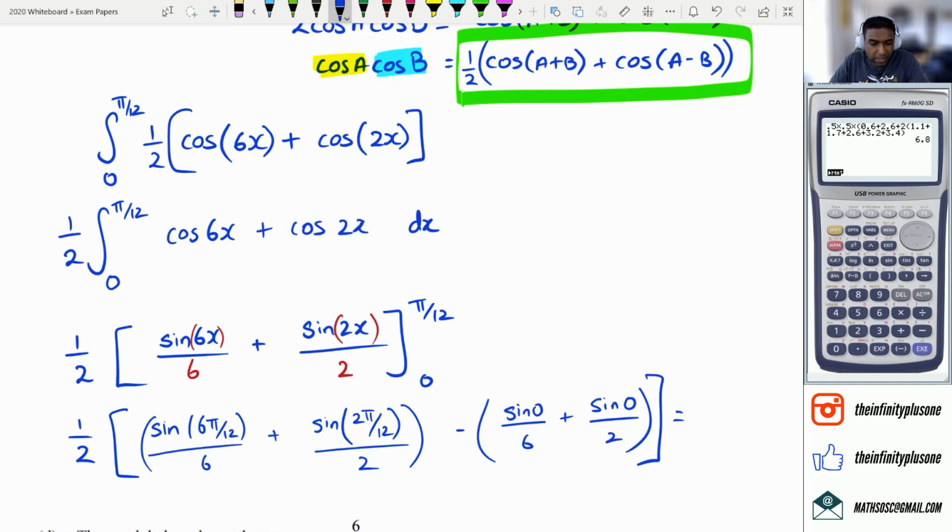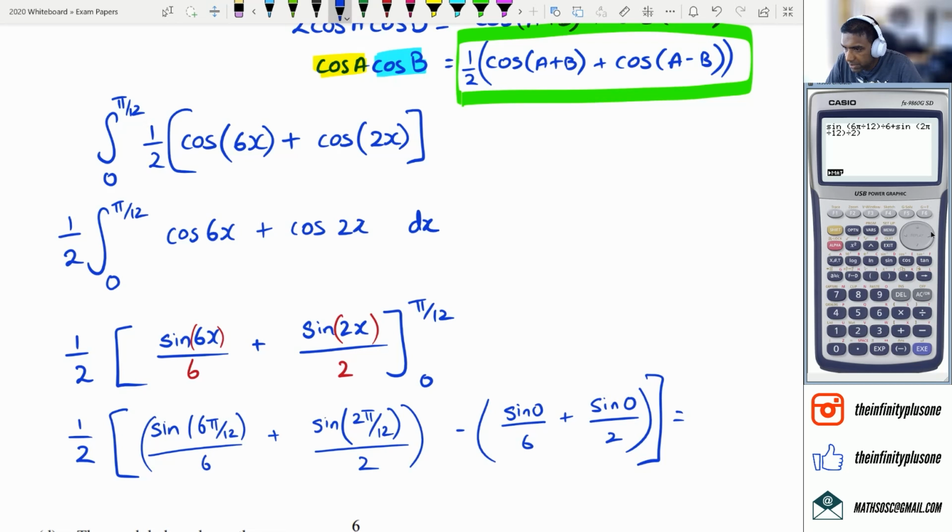Now that sine of 0 part is going to be 0 anyway. So I'm just going to work out the sine 6 pi over 12 first. So what have I got? I'm going to do sine of 6 pi over 12 divided by 6 plus sine of 2 pi over 12, and that's divided by 2.